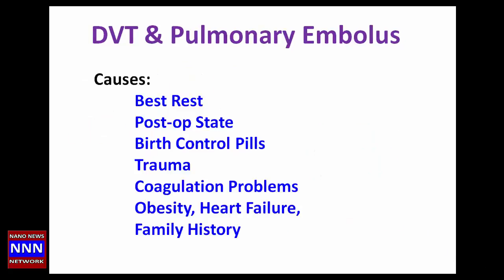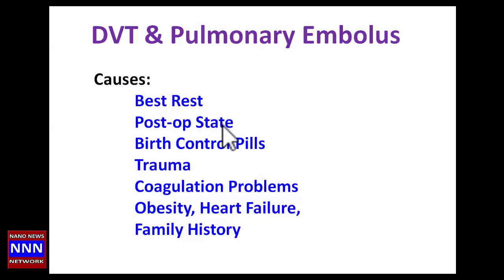What are the things that cause clot formation in the legs which can go to the lungs? Here are some of the most frequently accounted causes for development of deep venous thrombosis. Prolonged bed rest leads to venous stasis. That means the blood flow in the veins is decreased, which leads to clot formation.